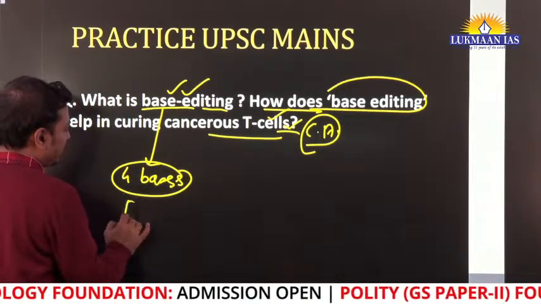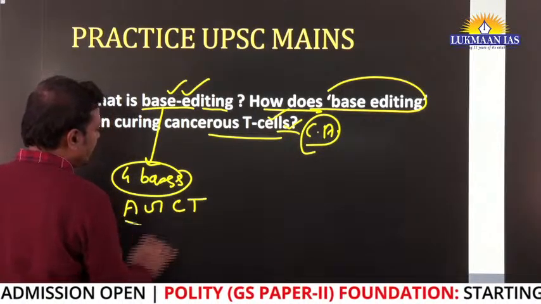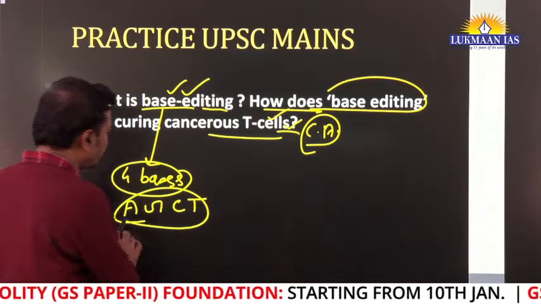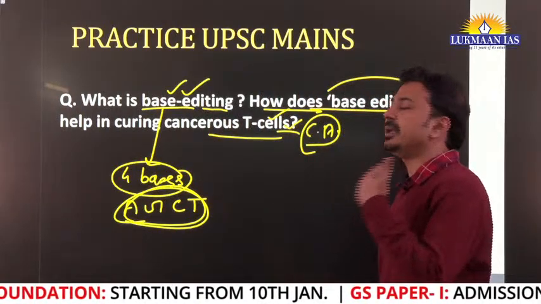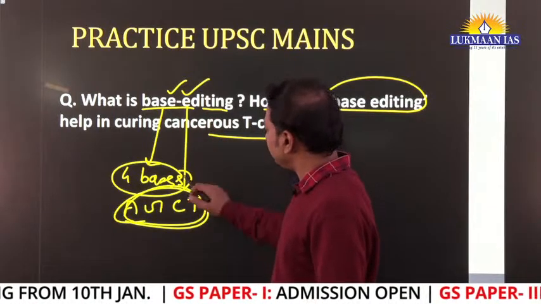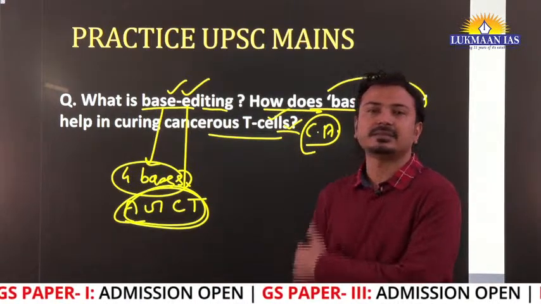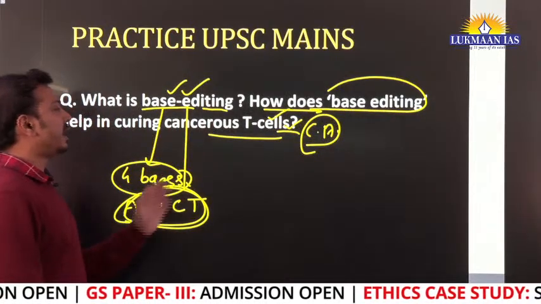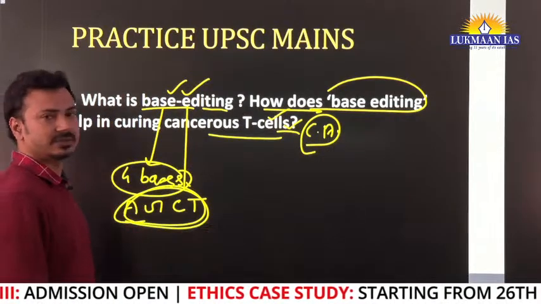You have to write the names of the 4 bases: adenine, guanine, cytosine and thymine. Any misarrangement of these results in some kind of disorder or disease, and that needs to be corrected. Correcting these bases is nothing but base editing. And in some cancers, like T cell acute lymphoblastic leukemia, how the treatment was done, we have just understood.